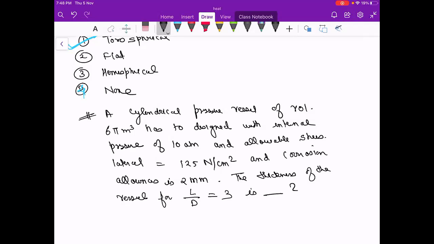Only one student got the answer correct, that is 211.76.